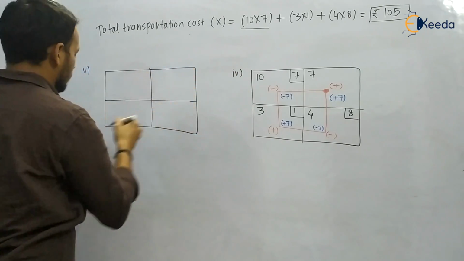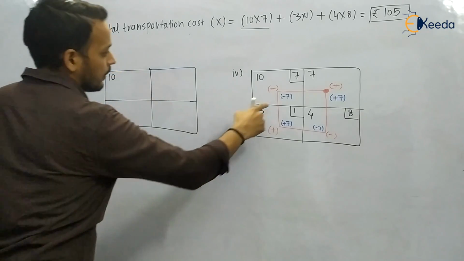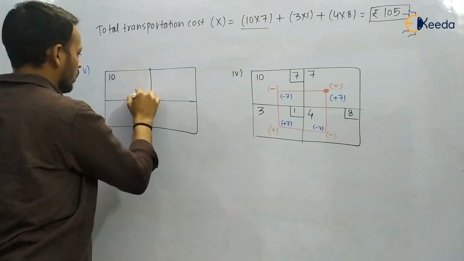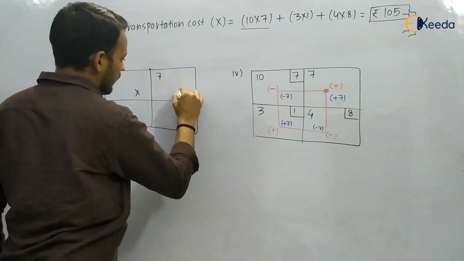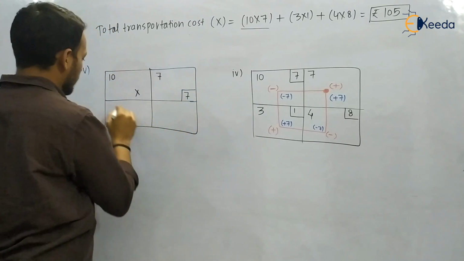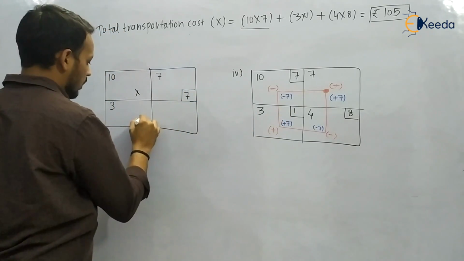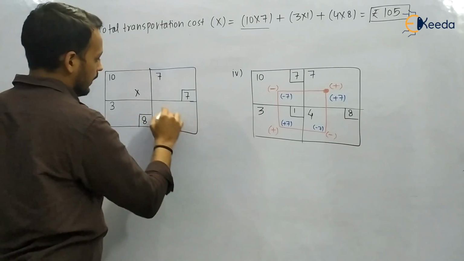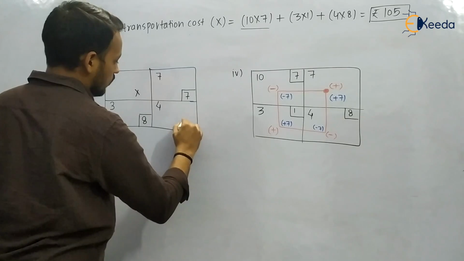Now write all the calculated costs. So 10 here, plus 7 and minus 7, no allocation. Here 7, so plus 7, we have allocated 7 units here. Here 3, plus 1 and plus 7, now the number is changed to 8. And here 4, plus 8 and minus 7, so it is only 1.